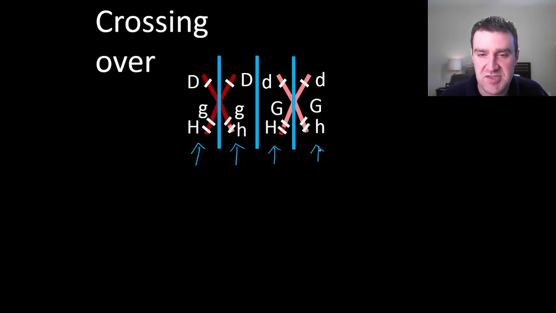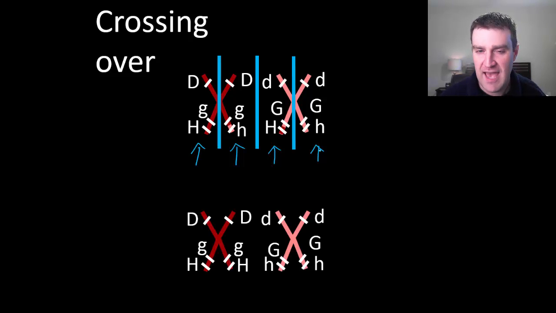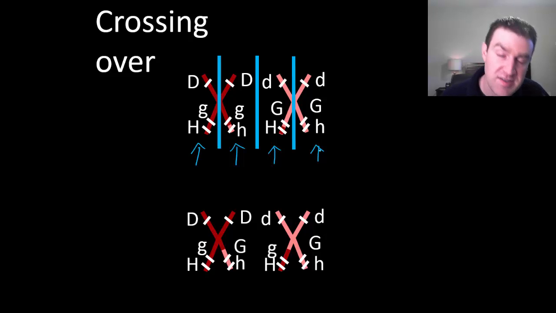So what's cool about crossover is it mixes things up even more, and how much the tip switch occurs could be different each time as well. Here's an example where a little bit more crossover occurred. Sometimes no crossover at all will occur. So how much mixing up occurs from pair to pair might differ as well.